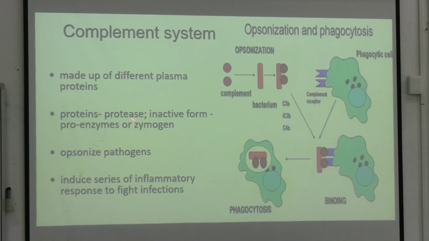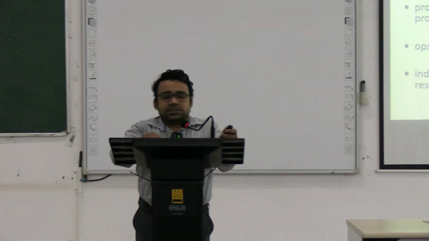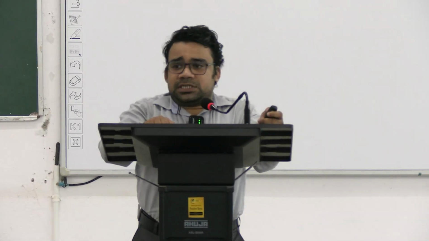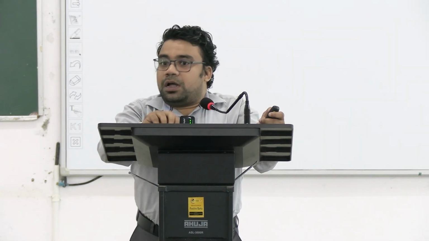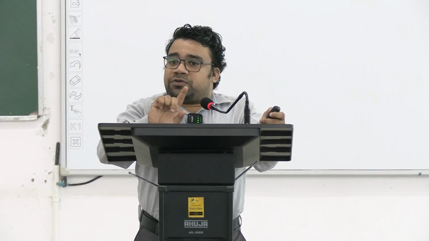Now, the complement system, I have already told you, is a group of plasma proteins. These proteins are a specific type of proteins. They are called zymogens. What are zymogens? These proteins remain in the bloodstream in an inactivated form. When a stimulus comes, these proteins will transform from the inactivated form to the activated form.